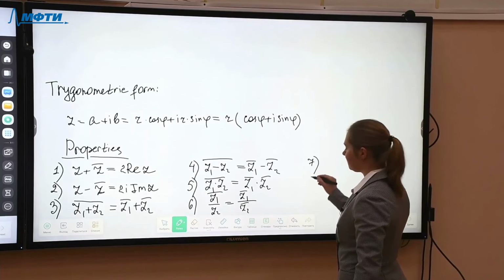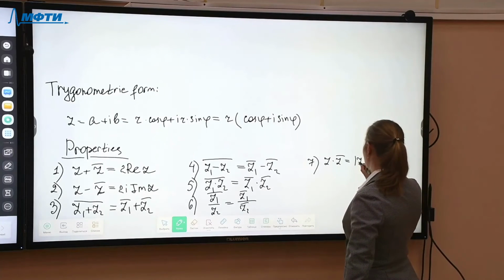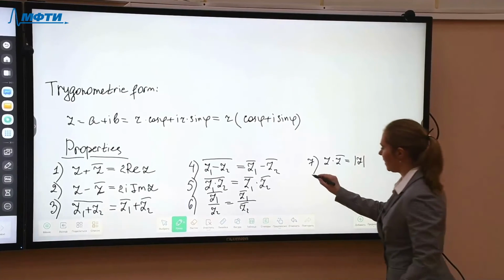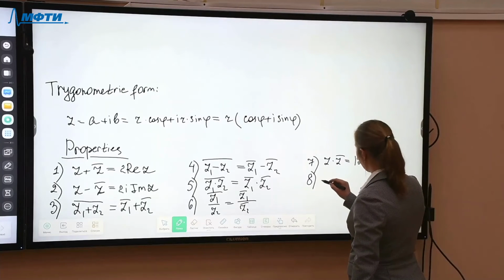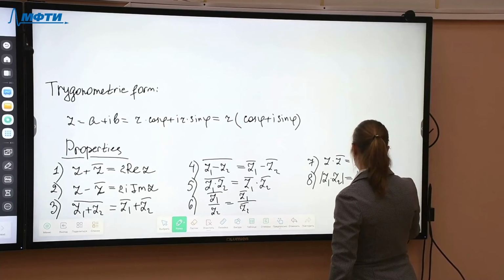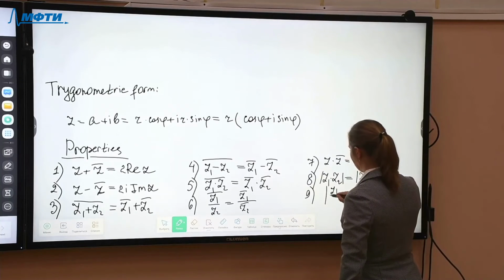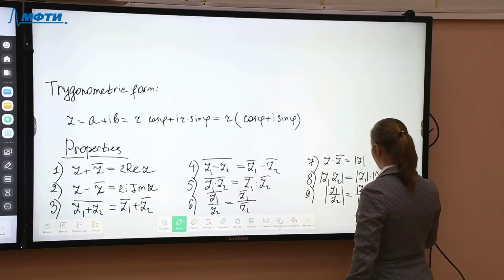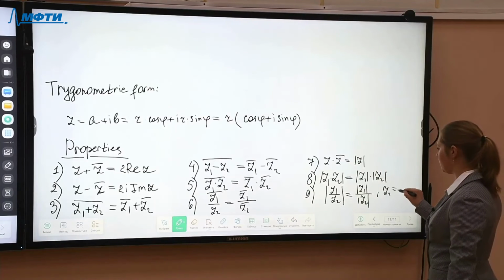Then 7. If we multiply z and then conjugate, we will have the modulus of z, 7. Then 8. If we want to find the modulus of a product, this is the product of two moduli, then the modulus of the division is the modulus of z1 over the modulus of z2. Here z2 is not 0.